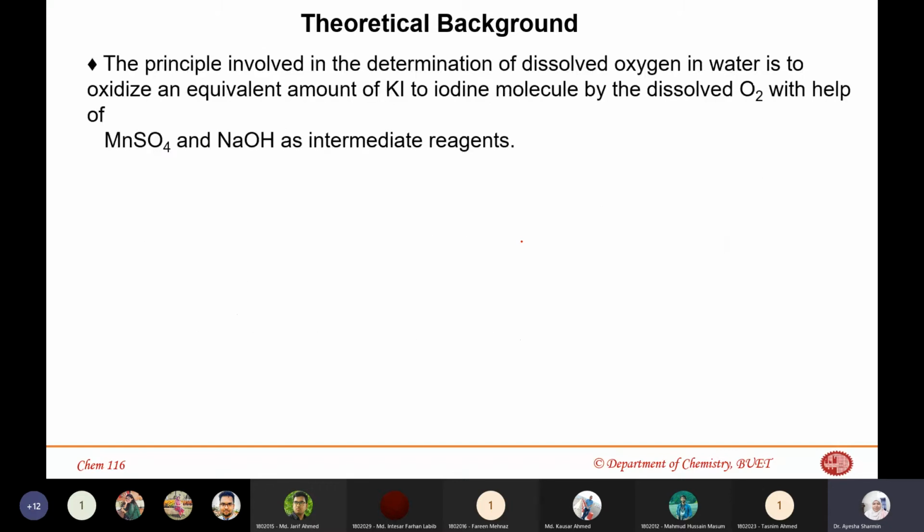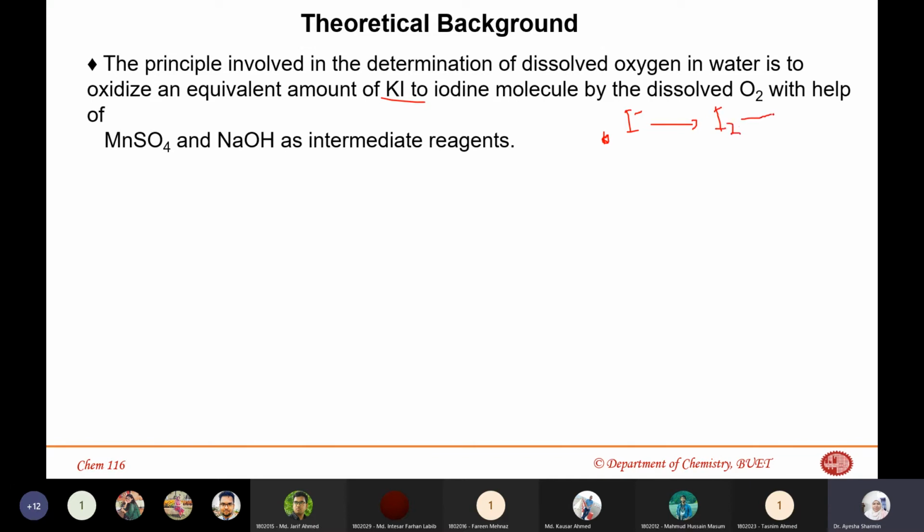Now let's see. The principle involved in the determination of dissolved oxygen in water is to oxidize an equivalent amount of potassium iodide to iodine by the dissolved oxygen. So what you are doing here is making I- into I2. This is the simple iodometry, right?